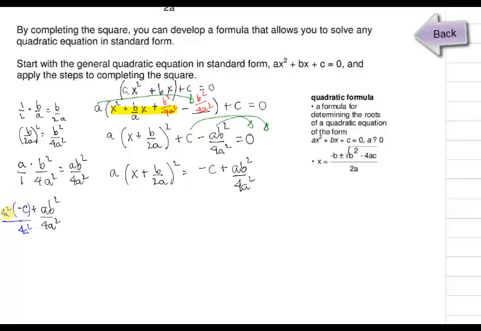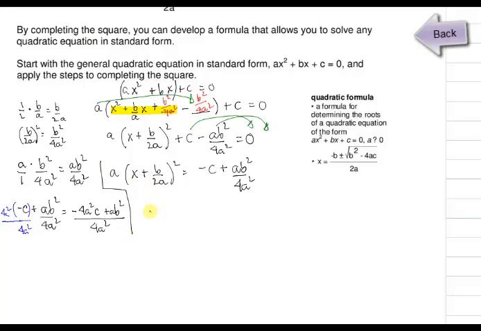Because I don't want to change the value of negative c, so if I times it by 4a squared over 4a squared, which is equal to 1, I still have negative c. It's just written in a different form. And now I can write this so that I times my 4a squared times my negative c, so I'm going to get negative 4a squared c, and then plus ab squared, which I can now write over the same denominator of 4a squared.